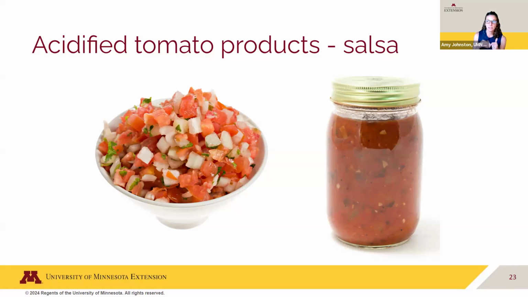So if you were to say, oh, I like my salsa to have more peppers in it, and increase the peppers but not increase the amount of vinegar or the acidic component, you might not get that pH low enough. You can switch the types of peppers that you're using. So if you want a spicier salsa, you could use a hotter variety. If you like a milder one, you could use a more mild variety.